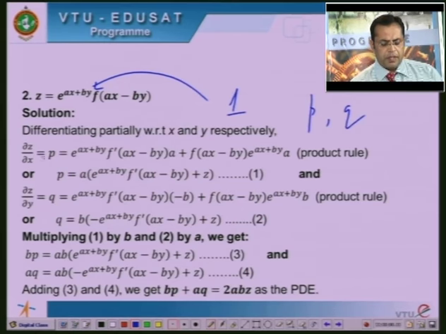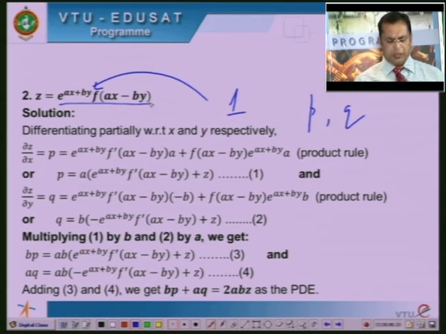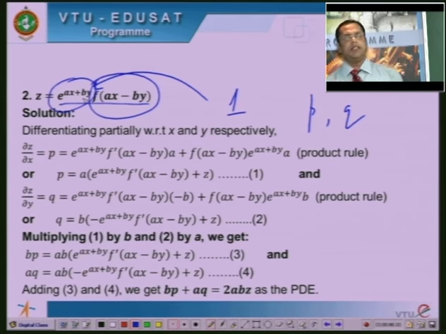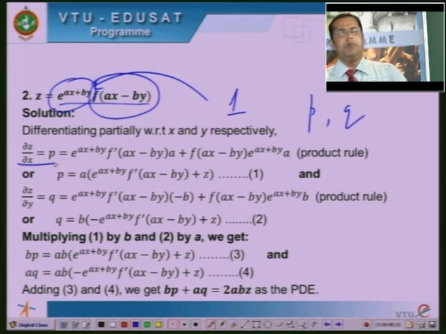Now, differentiating the given expression partially with respect to x and y, let us first do the differentiation partially with respect to x. Observe that the expression for z contains two expressions, one e power ax plus by and the other f of ax minus by, both of which contain x. So, obviously, when you differentiate partially with respect to x, you need to apply the product rule.